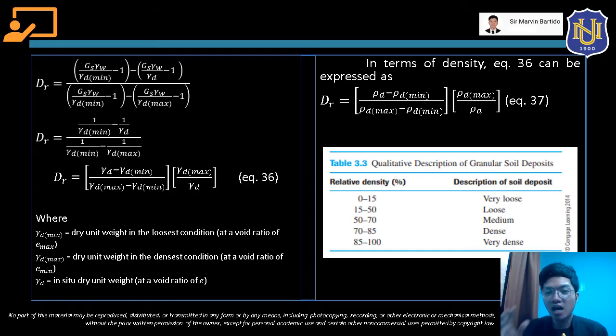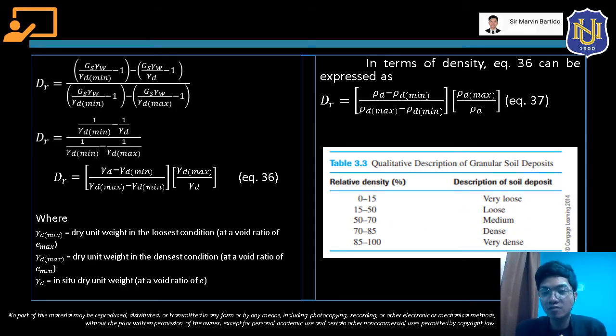Okay, so class here in table 3.3, this shows the qualitative description of granular soil deposits. Okay, so class, for this relative density in percentage, yung corresponding description niya nung soil deposit natin ay ito.